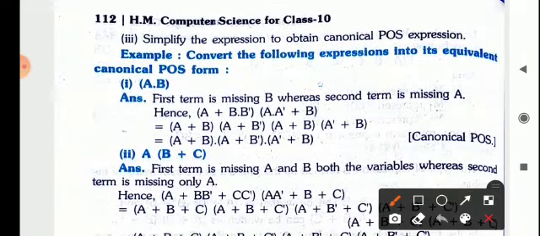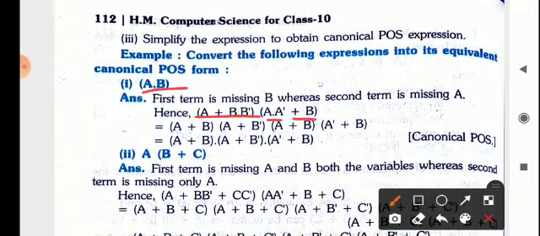Now let us see an example of conversion. Here a dot b: in the first term b is missing and in the second term a is missing. So a plus b dot b complement. In sum of product we were multiplying with b plus b complement, but here we will just add the product. A plus b dot b complement, and b dot a plus a dot a complement plus b.